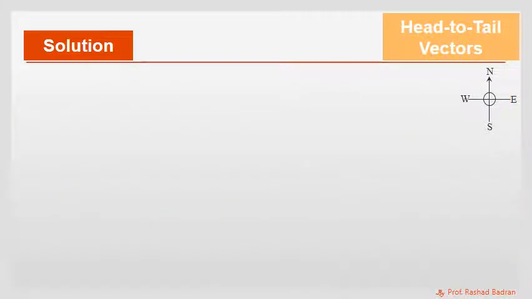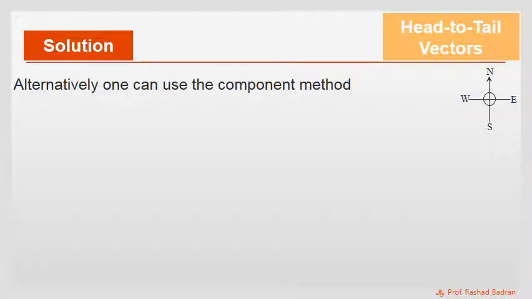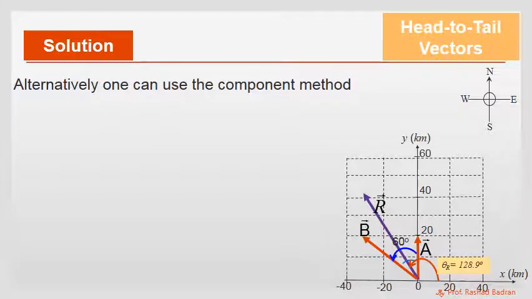Alternatively, the example solved with the cosine and sine law can be solved by the component method. To do that, move the vector B towards the origin. So the information used before, 20 for the magnitude of vector A and 35 for the magnitude of B, can be used here.